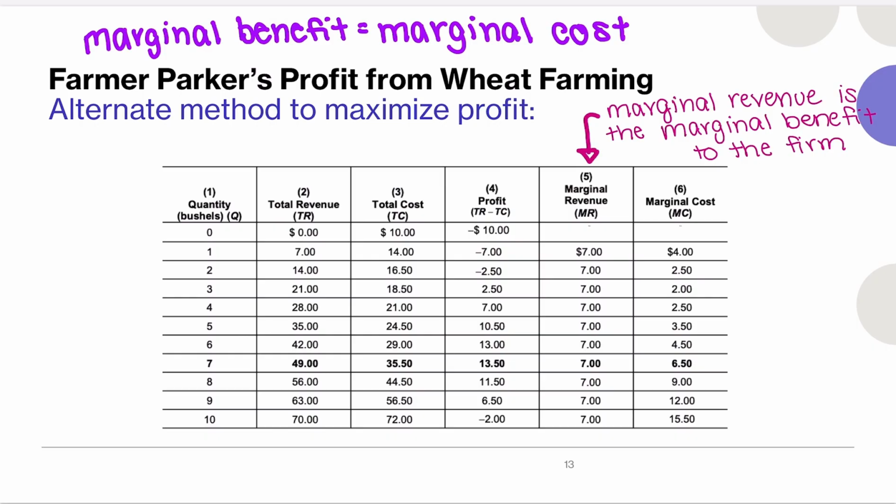So if we look at this, the closest point to where column 5 and column 6 are equal is right here. The two ideas give us the same profit maximizing quantity.